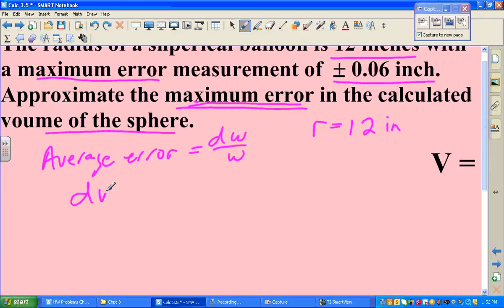So I have to find dV over V. What is dV equal to? dV is equal to what? I think it's V prime of r dr over the volume.